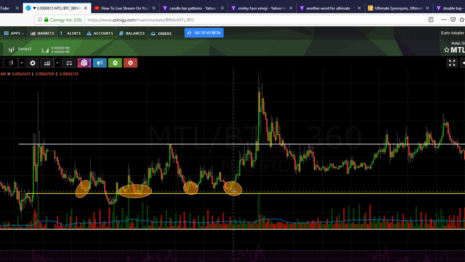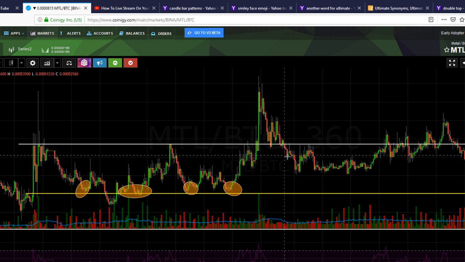On the fourth test of support, we have a nice bullish momentum happening here, and we skyrocket through the resistance line. But as soon as we skyrocket through this resistance line, we have a quick retest of that resistance line, and we hover below it now.